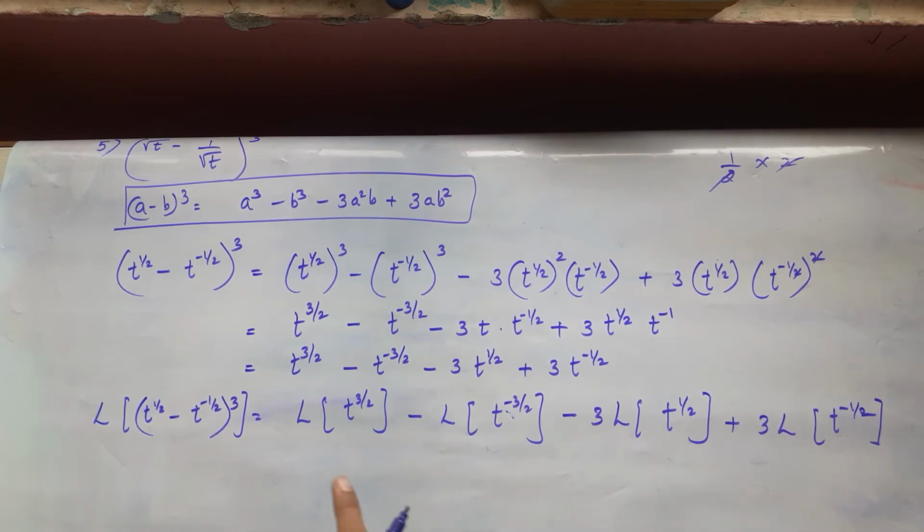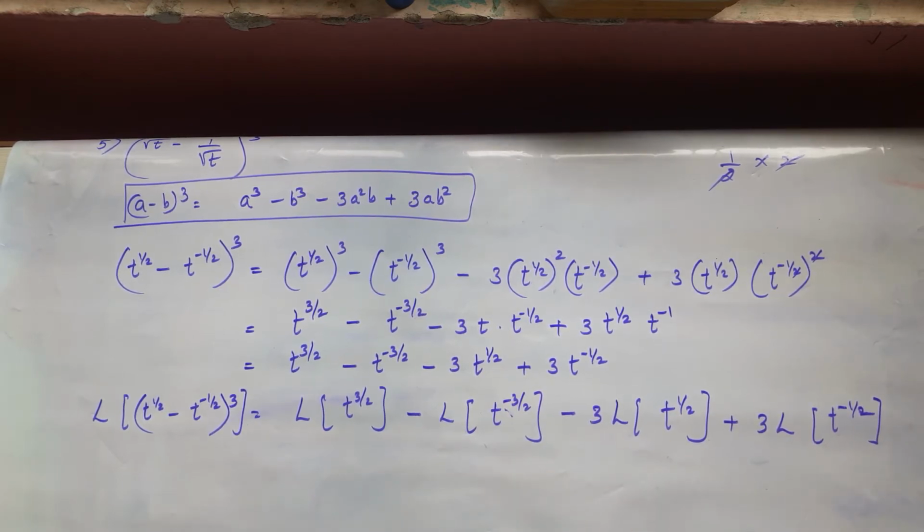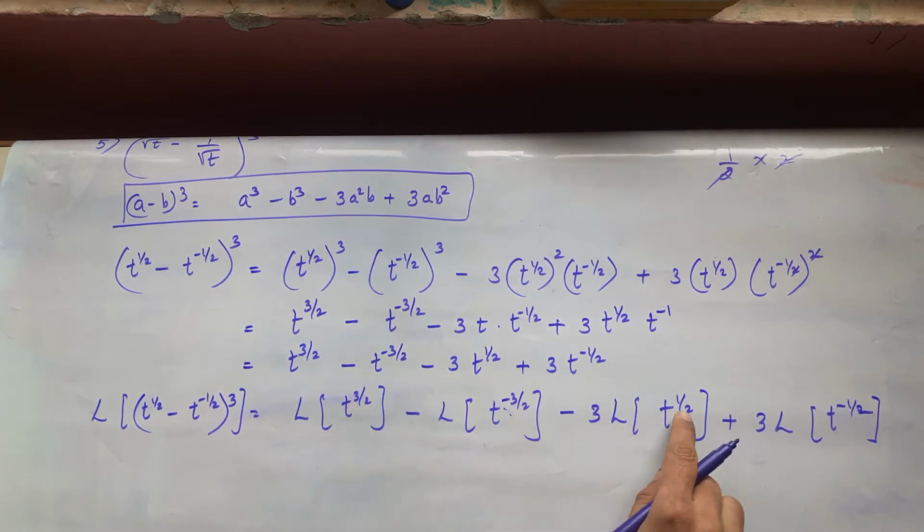To solve this you are going to apply the Laplace transform of t raised to n. Here n is taking real values, not a positive integer: 3 by 2, minus 3 by 2, half and minus half.